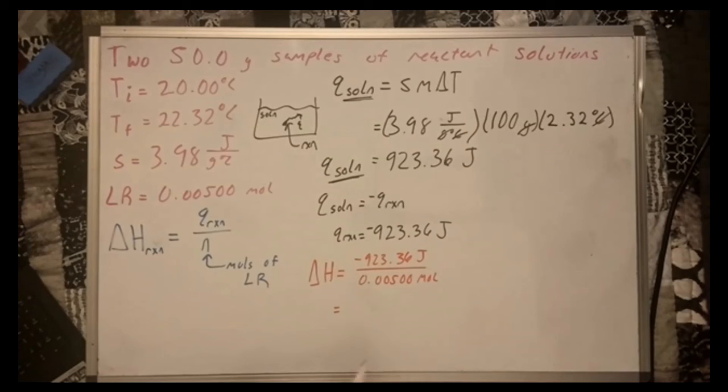Almost did it wrong. They'll do 3 sig figs, yeah, that one has 3. So we'll do 185,000 joules. Delta H, well, it's joules per mole technically.